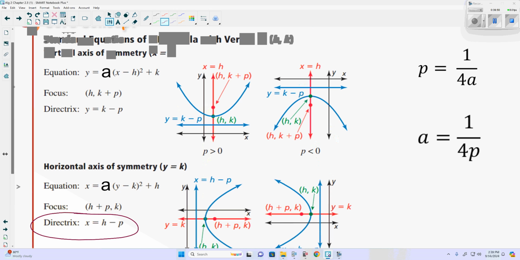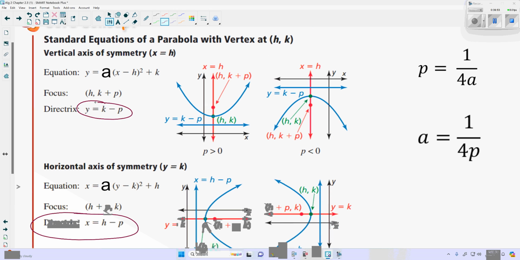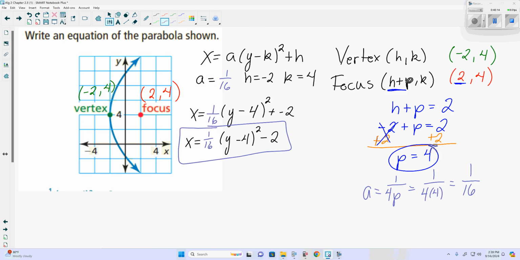In the other form, the directrix is y equals k minus p. I don't know k and p yet, but it has y equals, yes? So that's the nice thing with the directrix, because if we have x equals for the directrix, it's our x equals equation. If the directrix is y equals, it's our y equals equation. We can just look and see which one it matches up to.